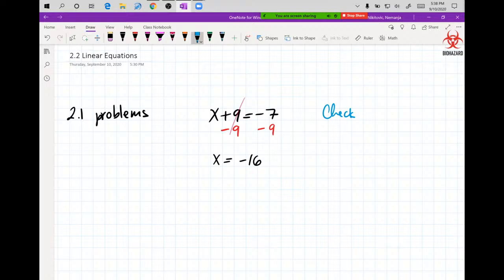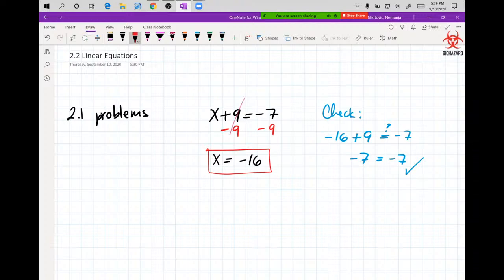But if the problem says solve and check, then check is mandatory and you should always do it. So in our case, we have negative 16 plus 9 should be negative 7, and that's negative 7 equal negative 7. Since we reached the correct statement at the end, you are okay to box this as a solution.